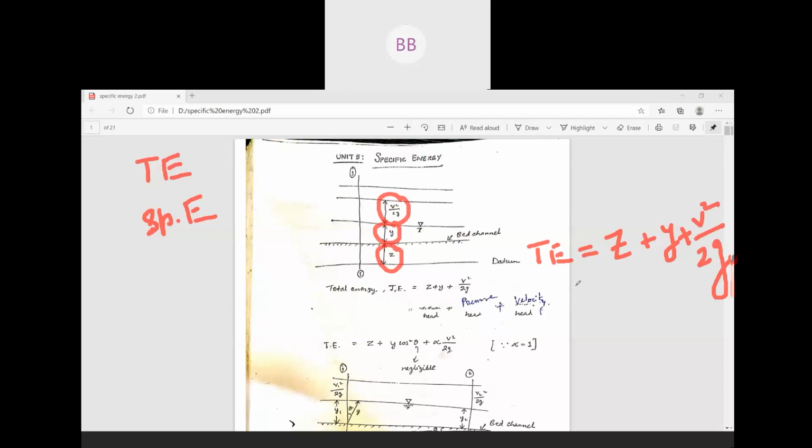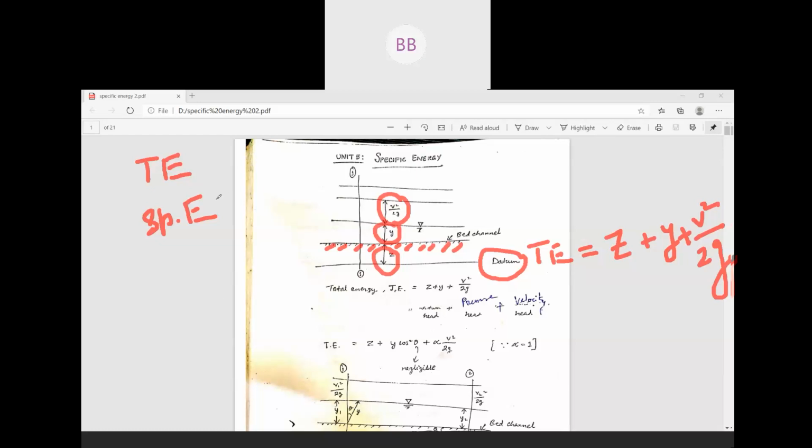When we find the energy with respect to a reference line, or you can say datum, that energy is your total energy. When you measure or calculate the energy with respect to the bed of the channel, that energy is known as specific energy.